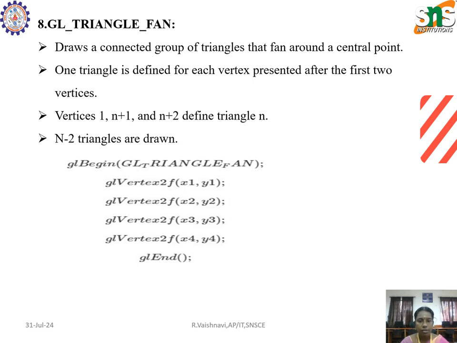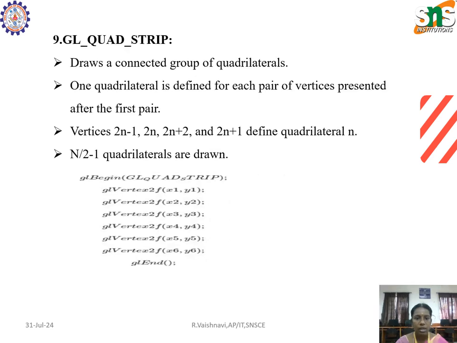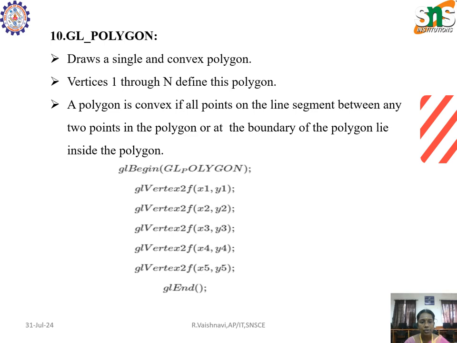One triangle is defined for each vertex presented after the first two vertices. Ninth one is quadrilateral strip. Here we have 6 vertices of the quadrilateral strip, so here we define the 6 vertices. Next, last one is GL_POLYGON, which draws a single convex polygon. So for the polygon we have 5 sides, so here we define the 5 vertices. Thank you.